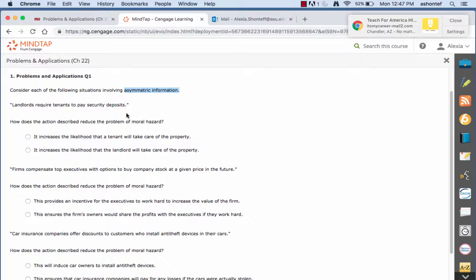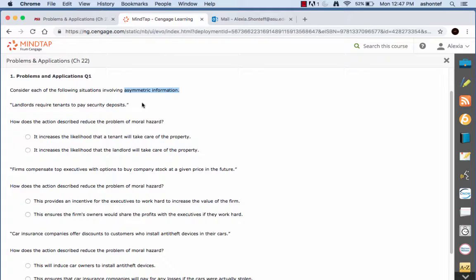The question comes after the statement, so you've got to watch for that. How does the action described reduce the problem of moral hazard? We know one person has more information than the other.